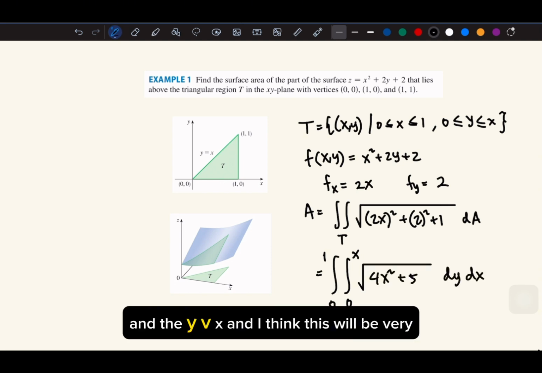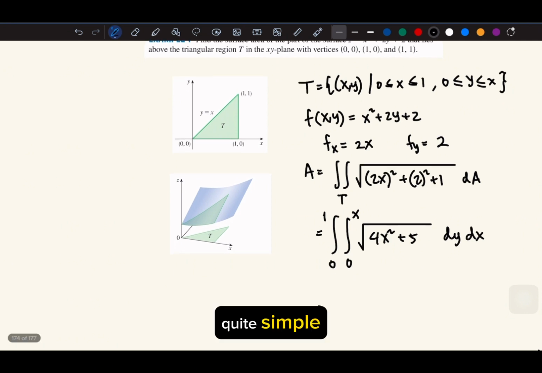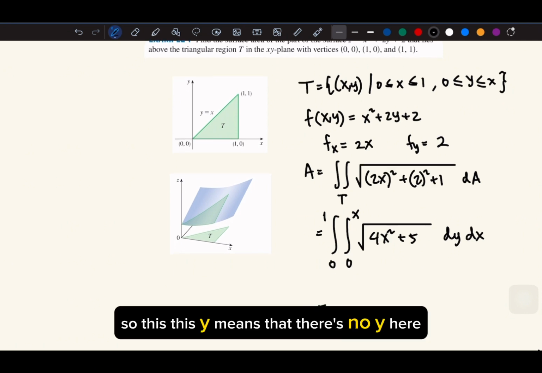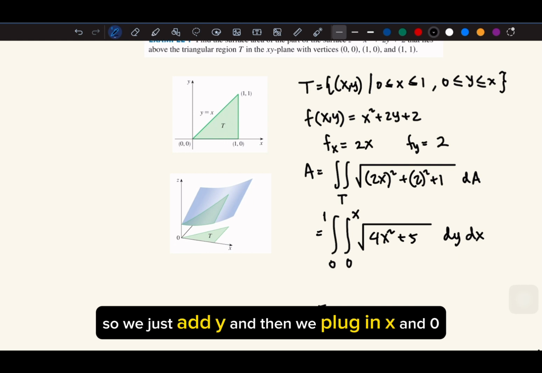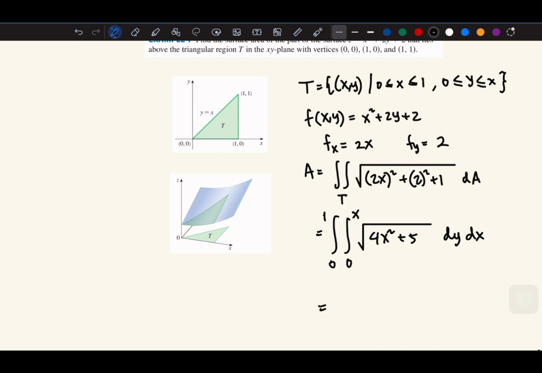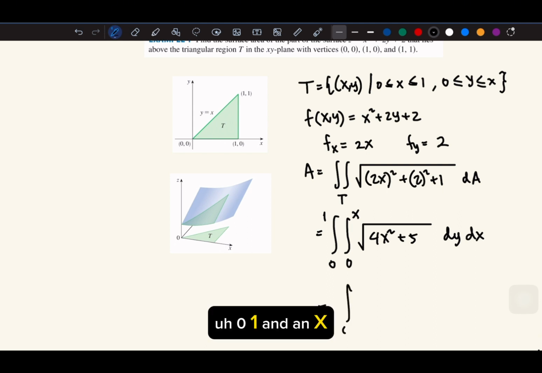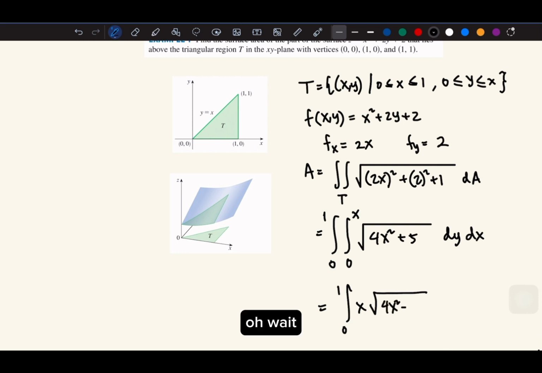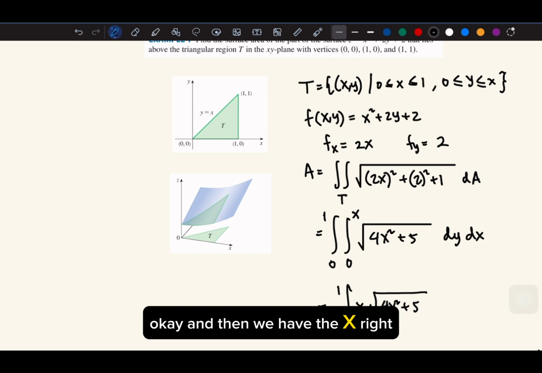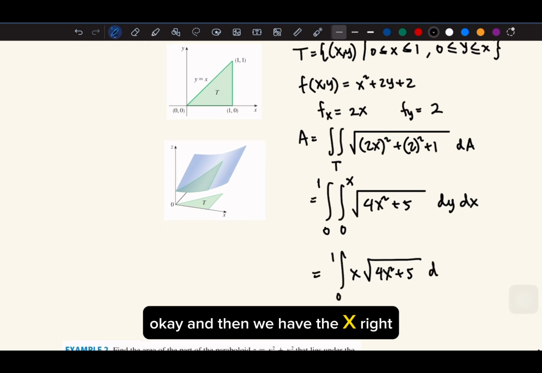I think this will be quite simple. There is no y in the integrand, so we just get y and plug in x and 0. So we have 0 to 1 and then x, and then we have dx, right?